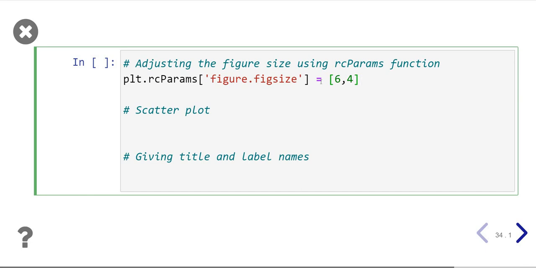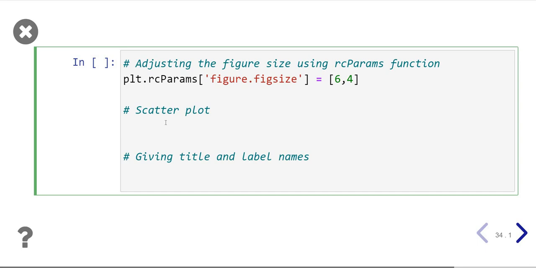Later we can change the 6 by 4 and see how it affects the dimension. 6 usually refers to the X dimension, the 4 refers to the Y dimension. If you want to make it big, we can try to change it and you can see the effect.